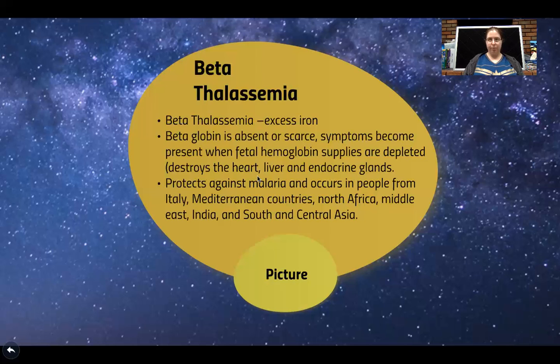Plus, without the beta subunit, we're not able to transport oxygen as well either. So your organs have less oxygen supply, plus we're getting a buildup of iron in them. Iron is a heavy metal, and it's needed in small amounts, but in large amounts it becomes toxic. That's why it starts to destroy certain organs that are very blood enriched.